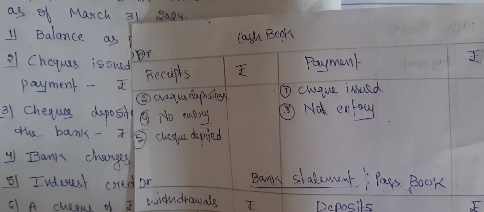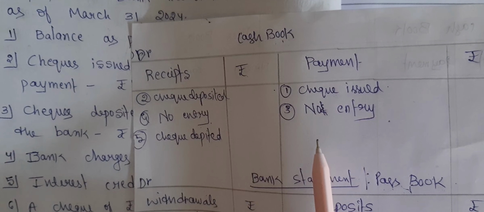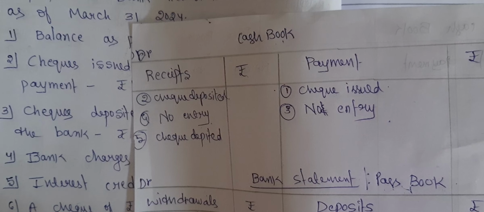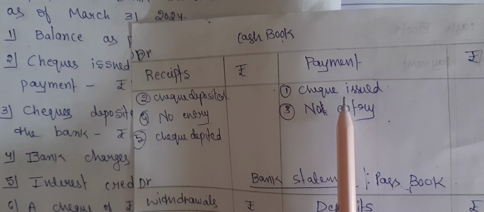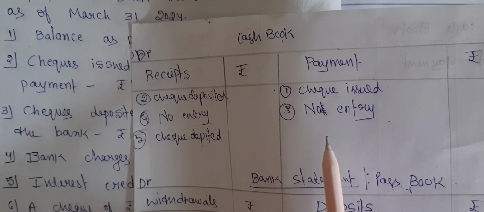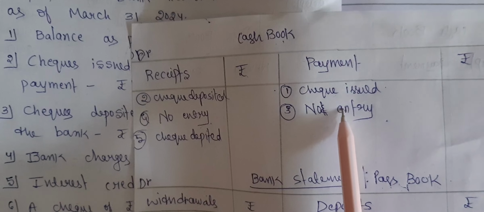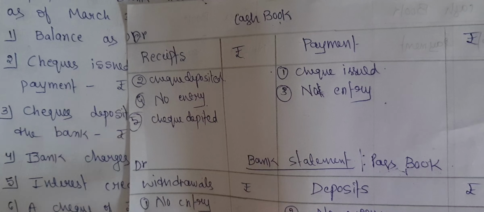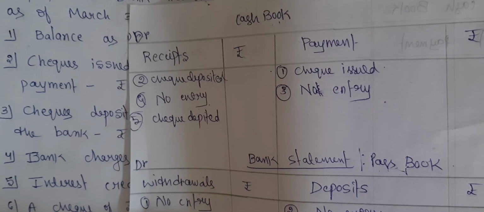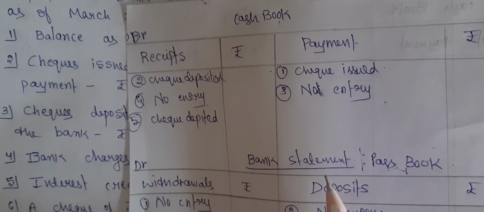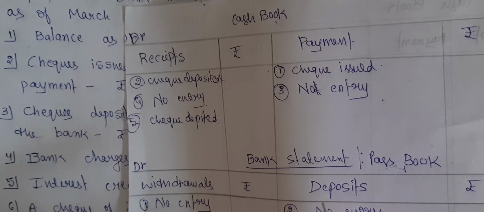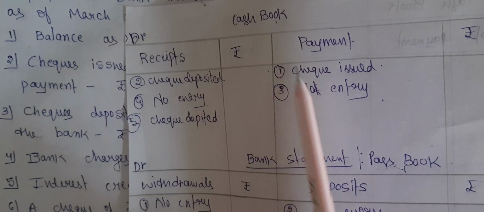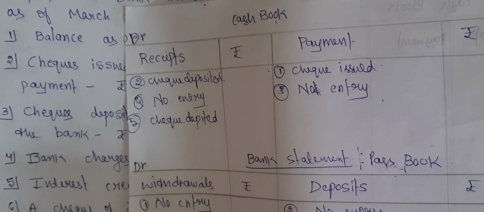Second, comparison. The cash book balance is less than the passbook. There is no change in the passbook, but there is a change in the cash book balance. It is decreasing because they are issuing the check. Third step, effect on passbook. The passbook balance has not changed, but compared to the cash book, the passbook balance is more, so we have to add.